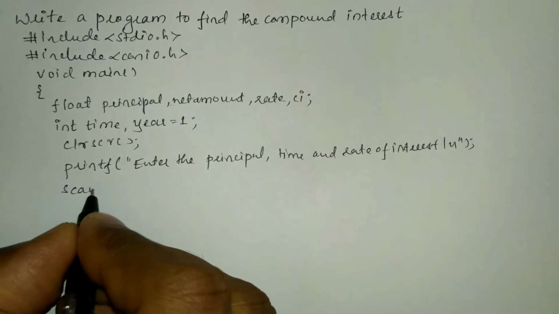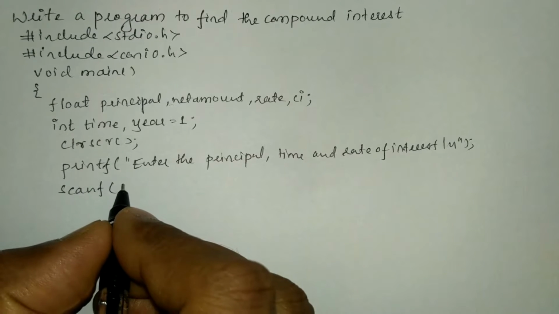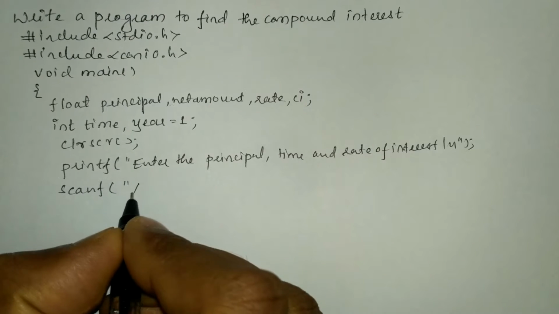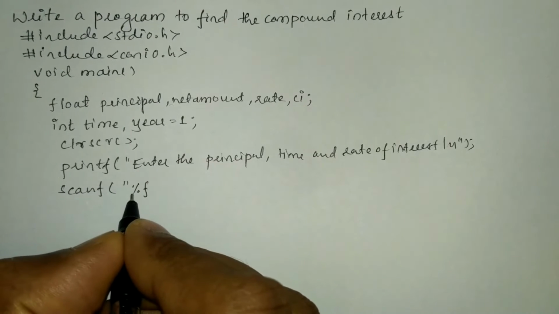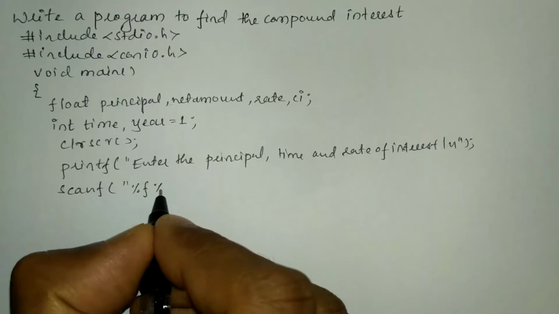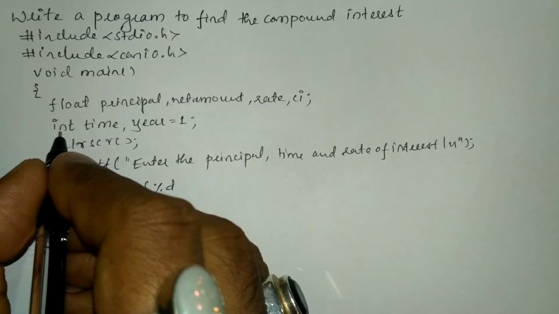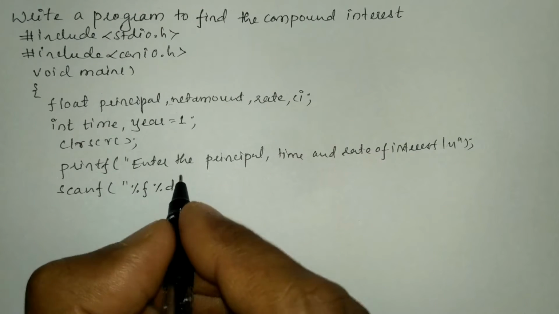Now we are going to receive the response from the user through the keyboard using the scanf statement. Here in a double quotation mark I'll write the format specifier %f because principal is of type float. Next I'm going to write %d, that indicates it's an integer type of data. So time is of type integer, so that's the reason I've written here %d.